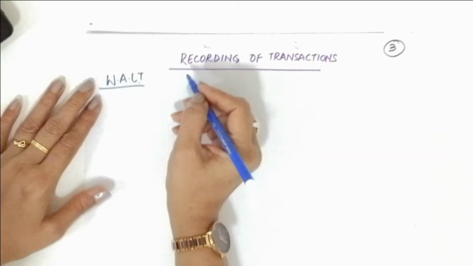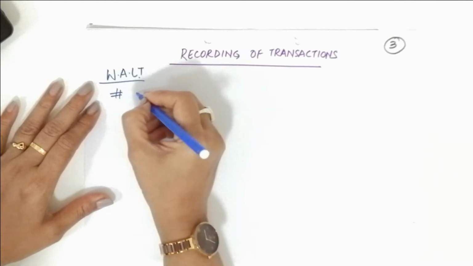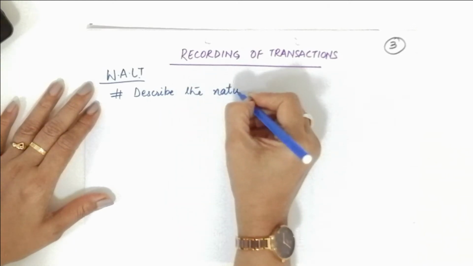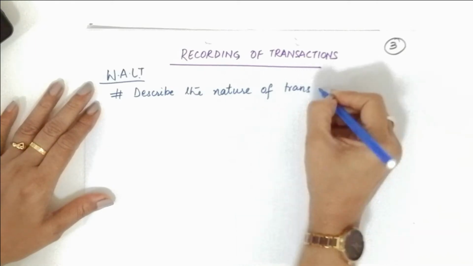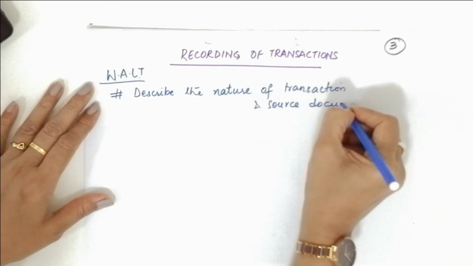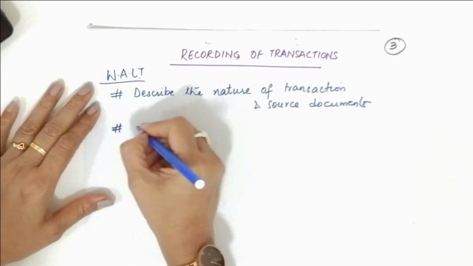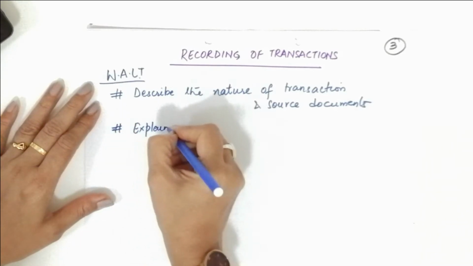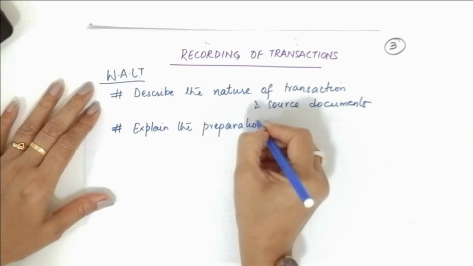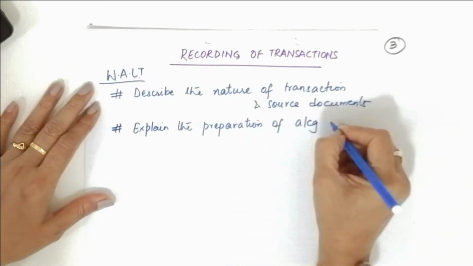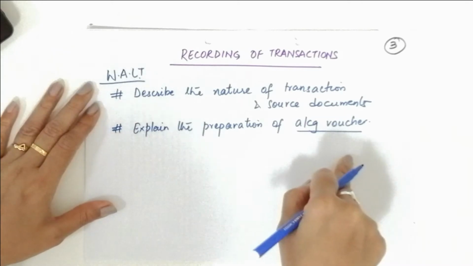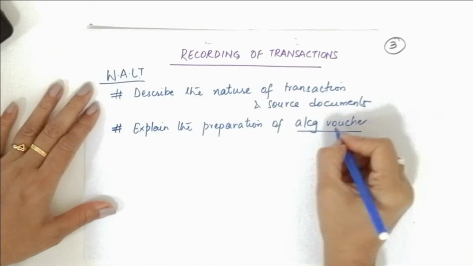So first I will describe the nature of transactions and source documents, and then I'm going to move on to explain the preparation of accounting vouchers, which is mainly done for petty items.